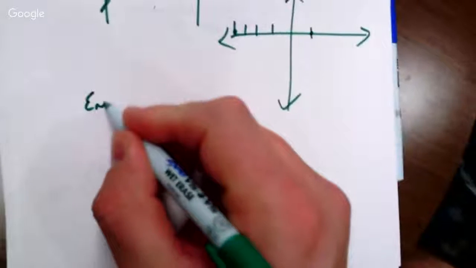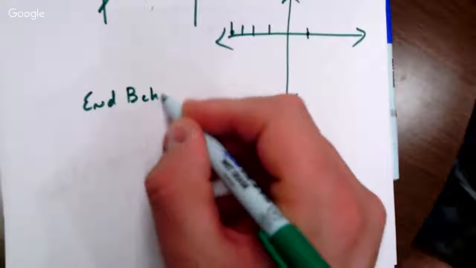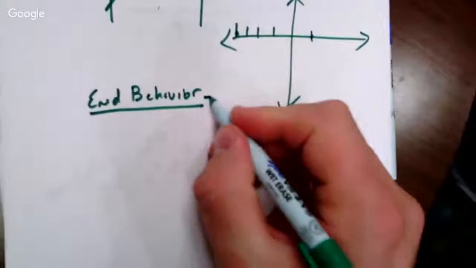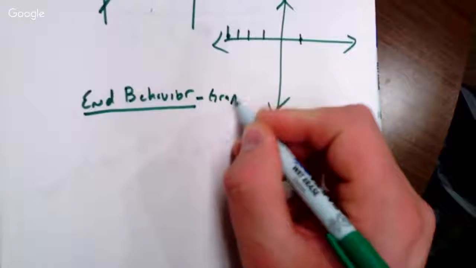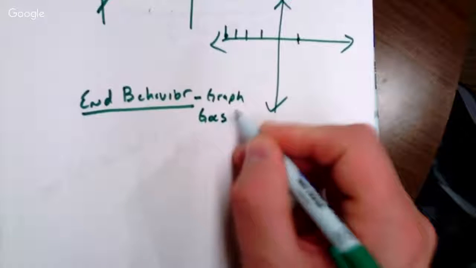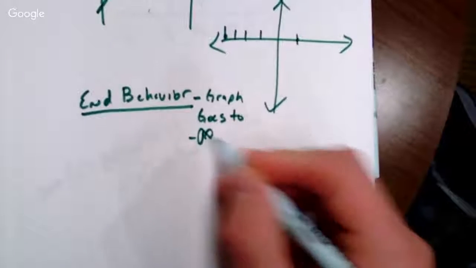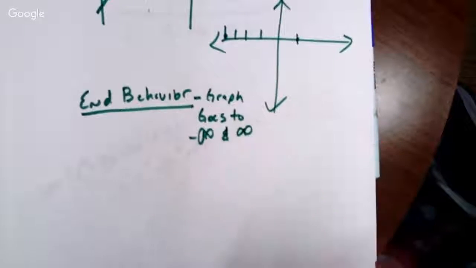Well, how do we determine that? For the graph, how do we determine something called end behavior? And what is end behavior? End behavior is what's happening as a graph goes to negative infinity and to positive infinity.